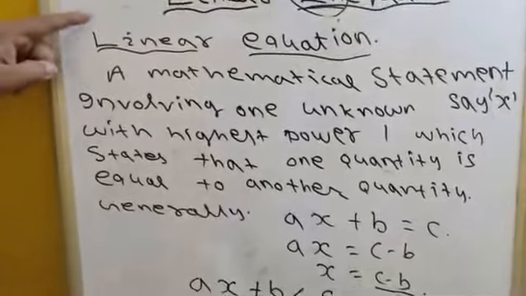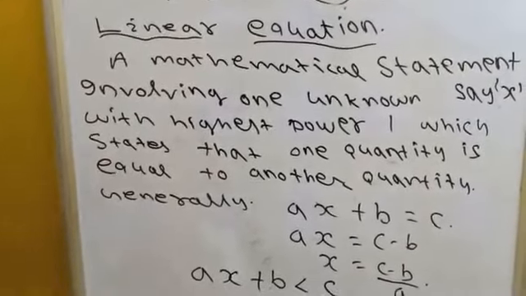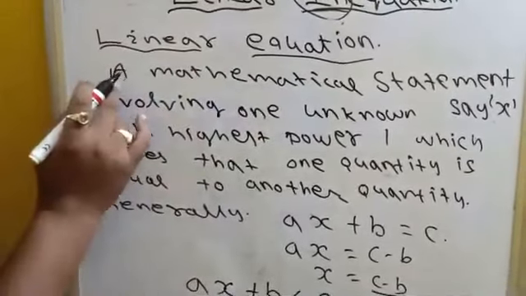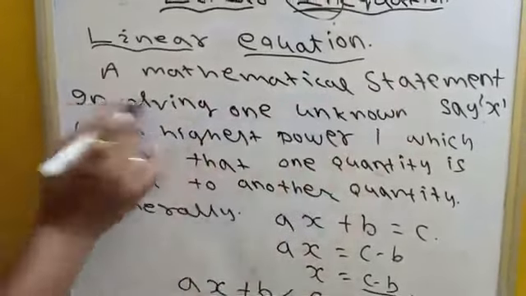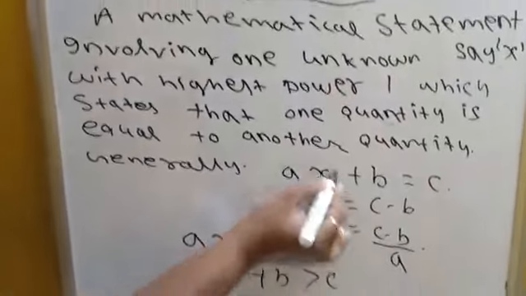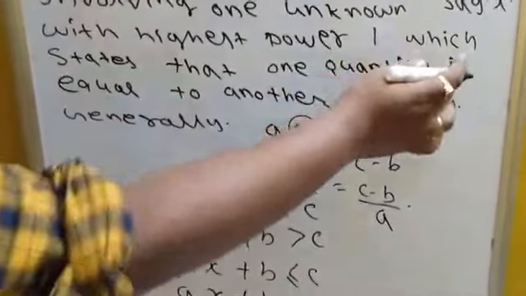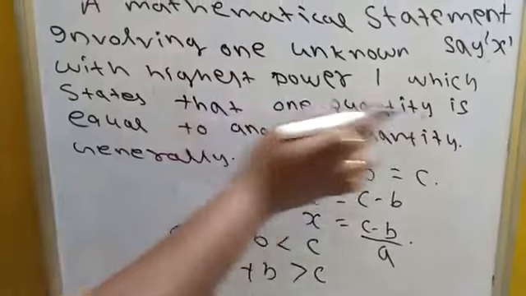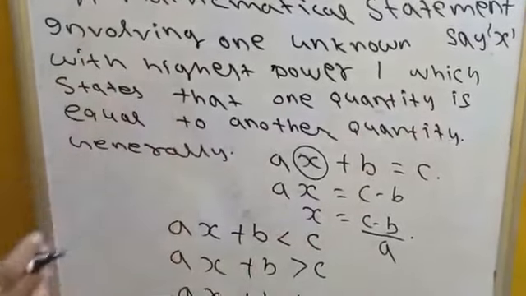In a linear equation, we read about a mathematical statement involving one unknown, say x, with highest power 1. Here the highest power is 1, which states that one quantity is equal to another quantity.